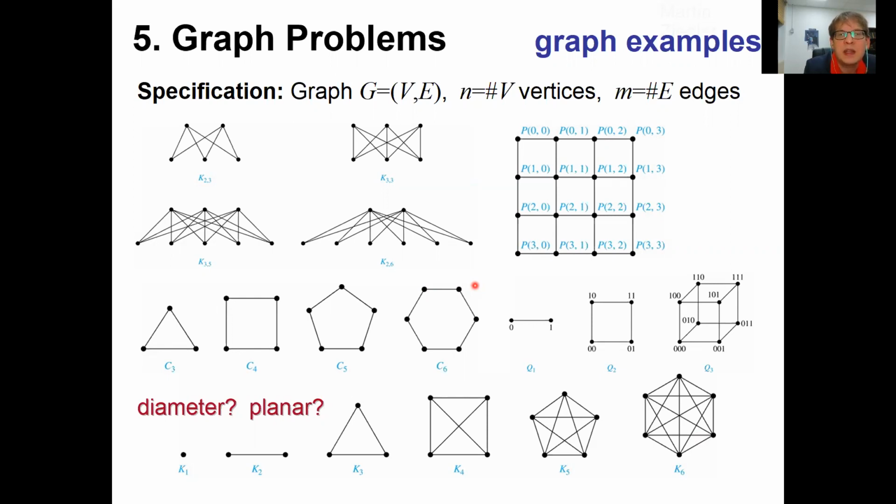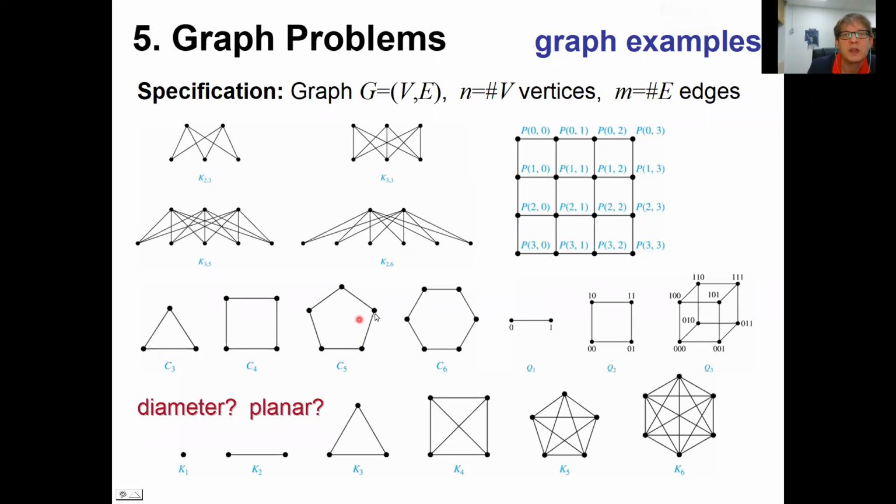So that means that the diameter of the cycle graph is larger than 1 in general. It's actually n over 2, rounded down if n is odd. For example, here n is 5, and the diameter, the largest distance between any two vertices, is 2.